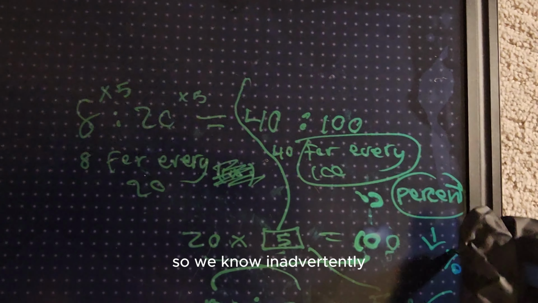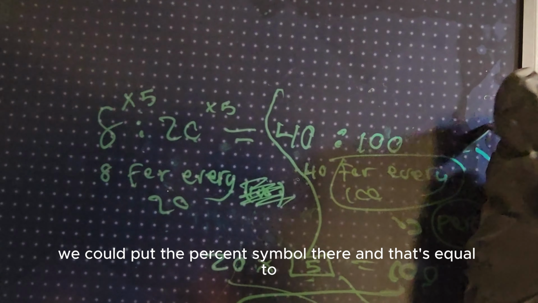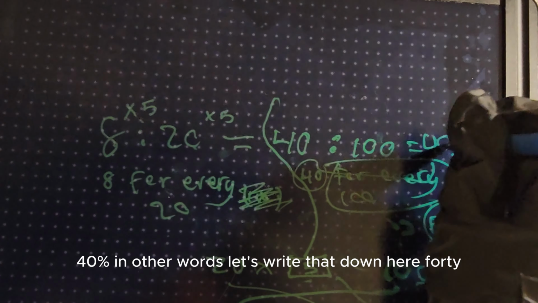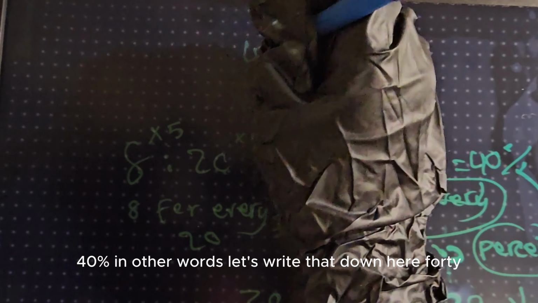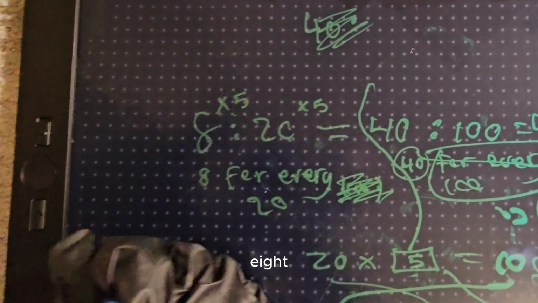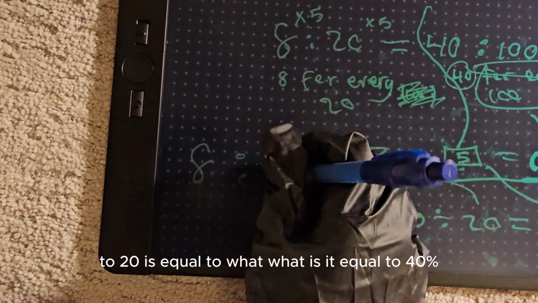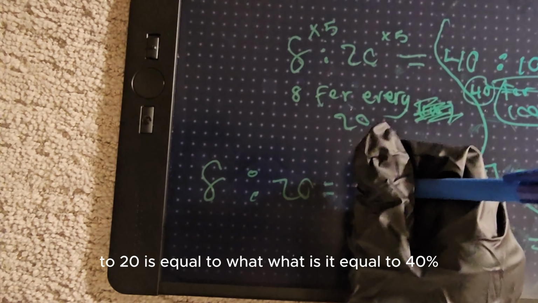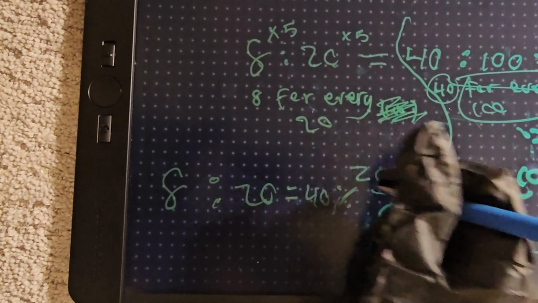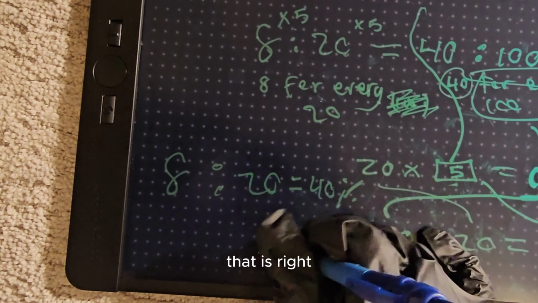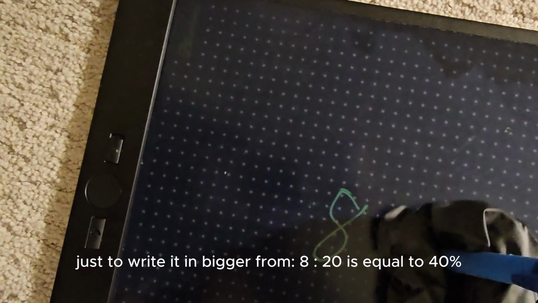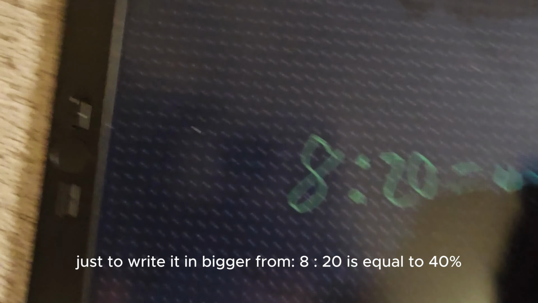So we could put the percent symbol there, and that's equal to 40%. In other words, let's write that down here. 8 to 20 is equal to 40%. And that is right. Just to write it bigger, 8 out of 20 is equal to 40%.